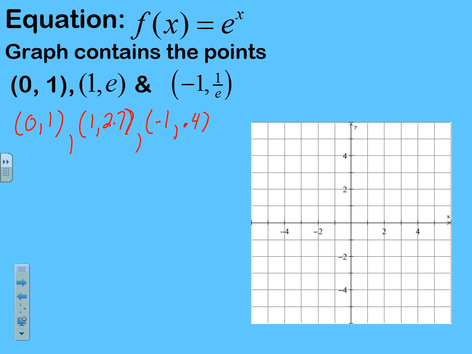So those would be the decimal values that we look for as the basic coordinates for e. So when we graph it, we have a point at 0, 1, 1 and about 2.7. So we'll just approximate here, and then -1 and about 0.4. So again, we just approximate there.